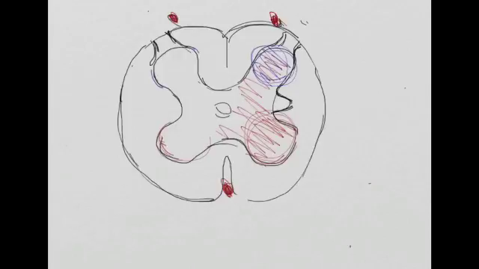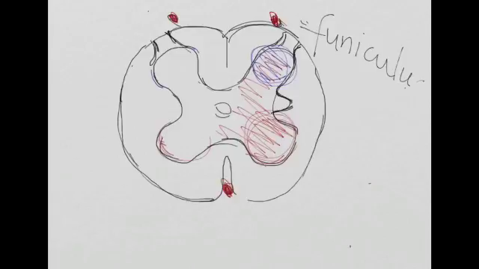Now let's look at the outside structure, and that's the white matter. I removed the labels for the gray matter to reduce confusion. The white matter is also divided into different parts, but they are now called funiculus.